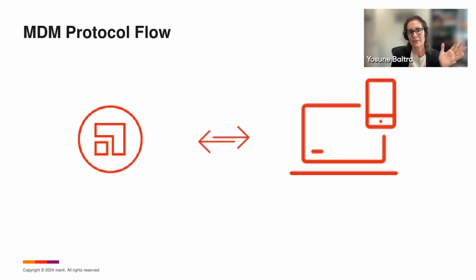When we had the MDM protocol flow, the evaluation of the configurations and everything came on the server side, right? So we had the device check-in, and then the server would say, there is something new on the device. And then it would apply something that has been configured for it, right?